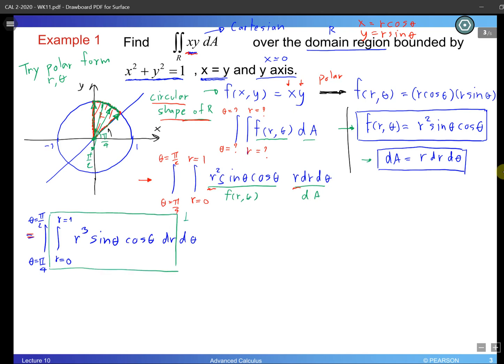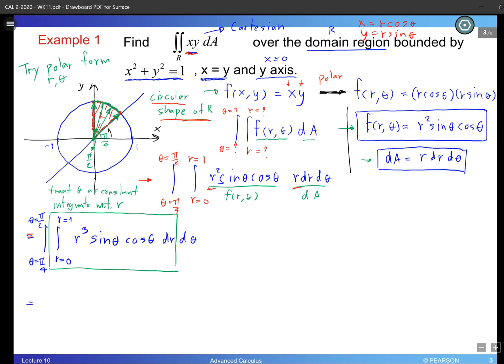Once again, this is integration with respect to r, which means that we are going to treat theta as a constant during the first integration. So let's do that.